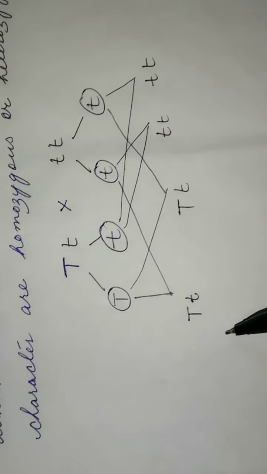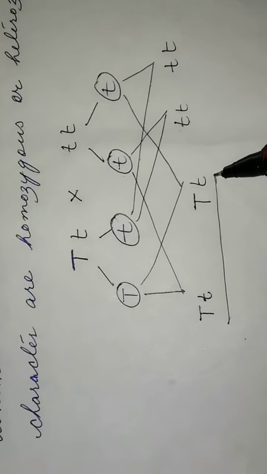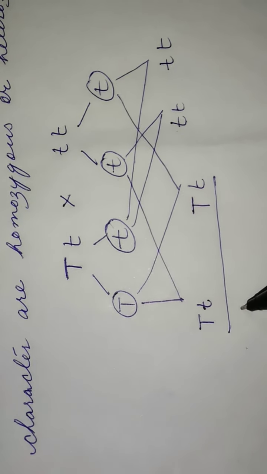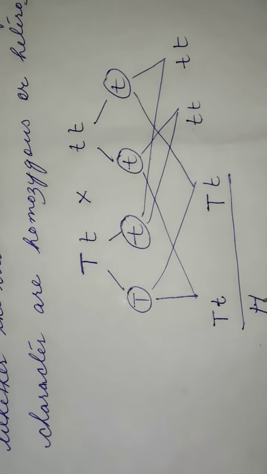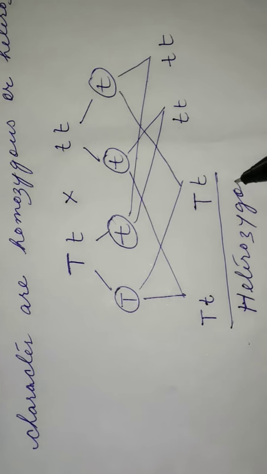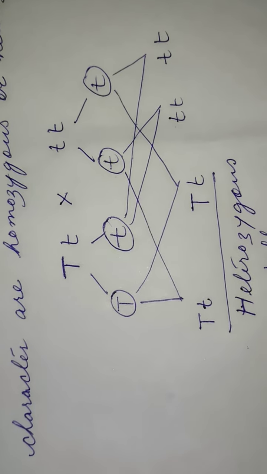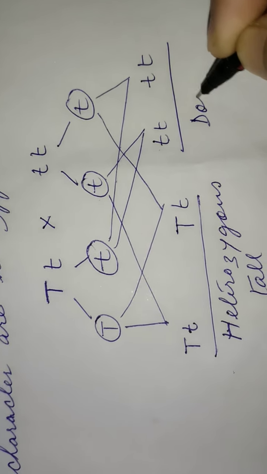So here the test cross progeny: two are heterozygous tall and two are homozygous dwarf.